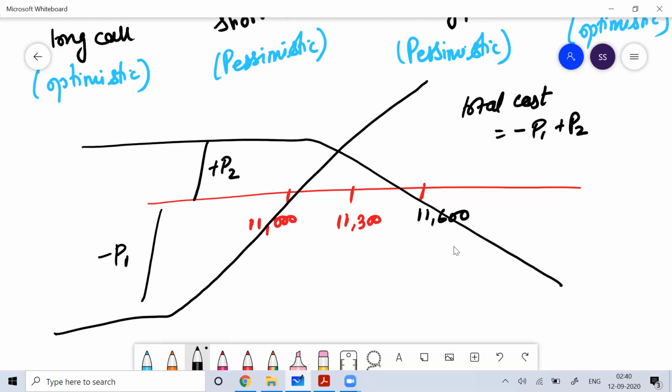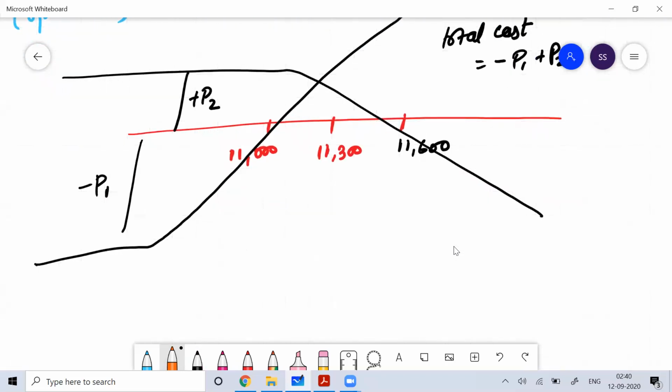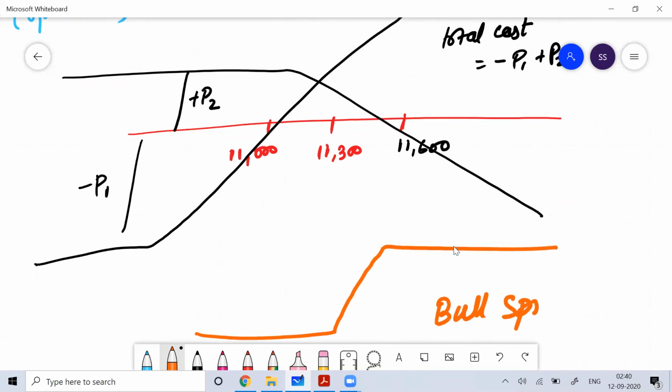So thereby you reduced your cost. It comes with a net payoff setup also, and this is called a bull spread. This is one of the examples I've given. Whenever you trade a bull spread, you reduce your losses.